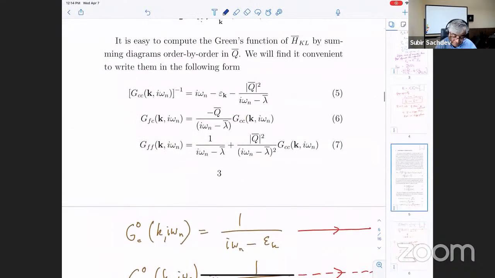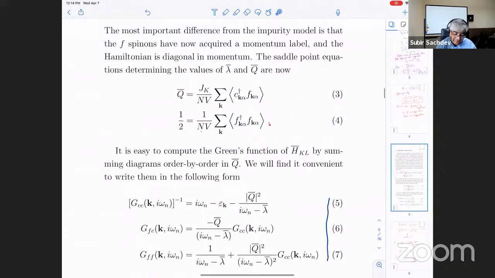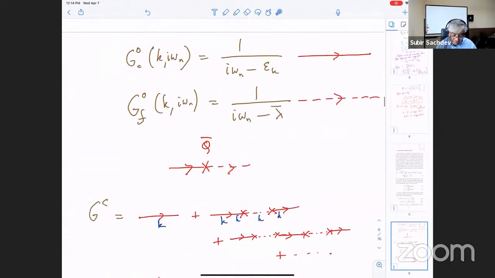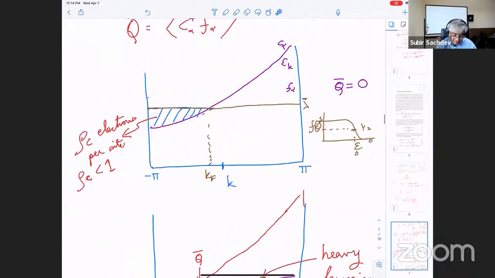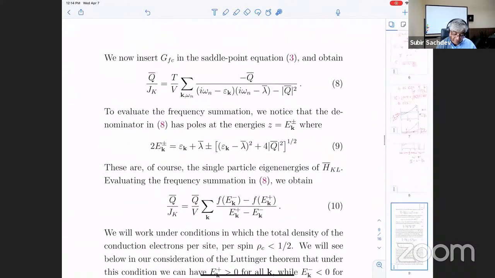So you can quickly work out that these are correct. These are the three Green's functions. Now that I have the Green's functions, I can plug them in here and finally get my two equations. I do that, and that's how I get them. This is the equation for Q bar.